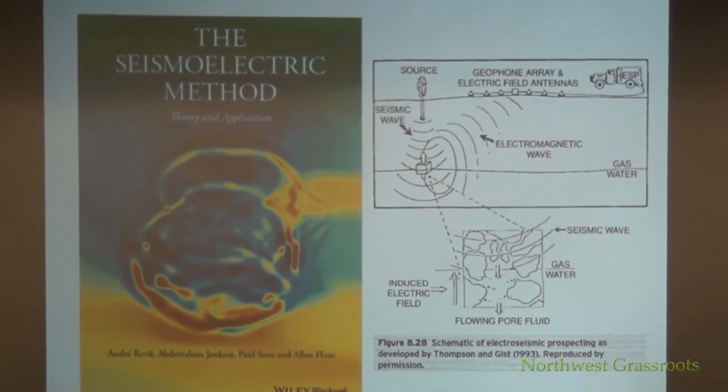Once a current's generated, it travels at the speed of light back to the surface. Because it does that, we need to know the composition of the rock between the water zone and the surface, so we can estimate the depth, like we did on the seismic data that I just showed you examples of. That way we can tell the depth of the water zone.